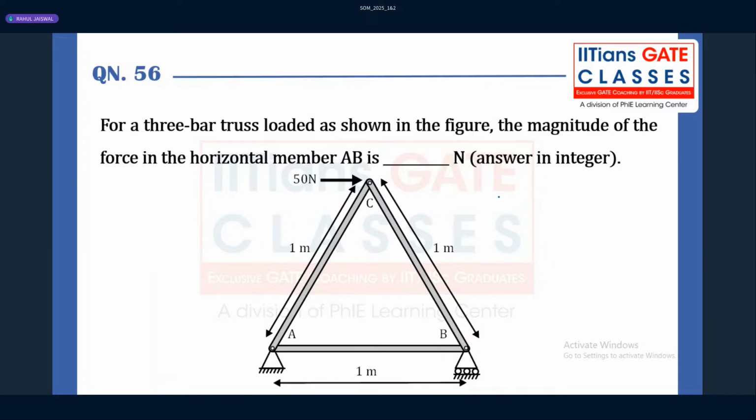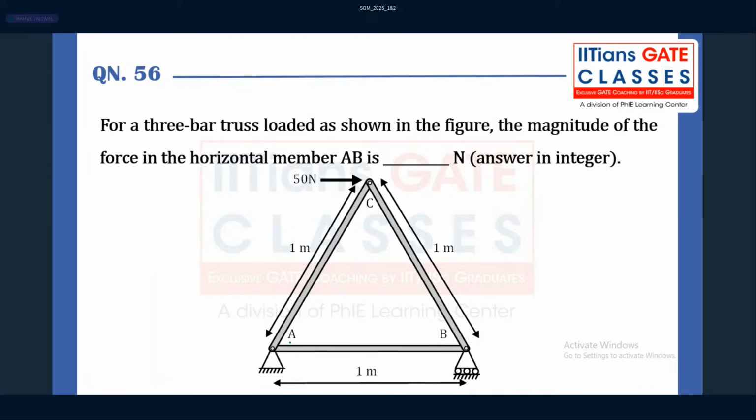For a 3-bar truss loaded as shown in the figure, the magnitude of the force in the horizontal bar AB is what? They are asking what is the value of the force in the horizontal member AB.